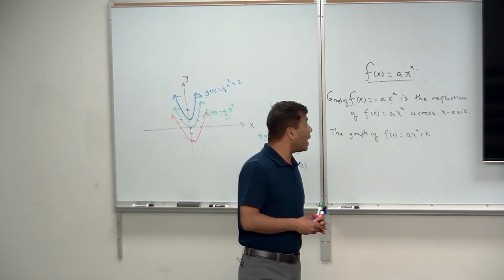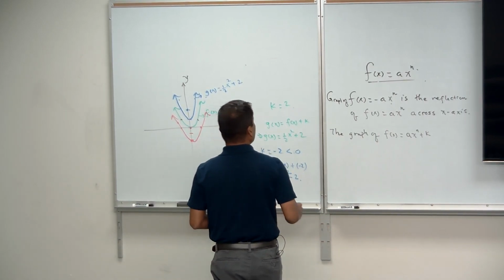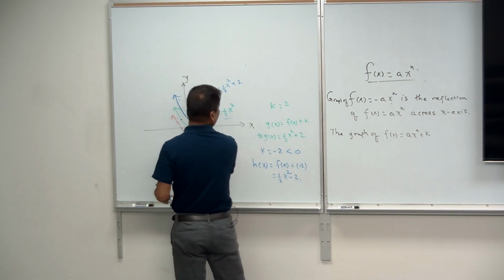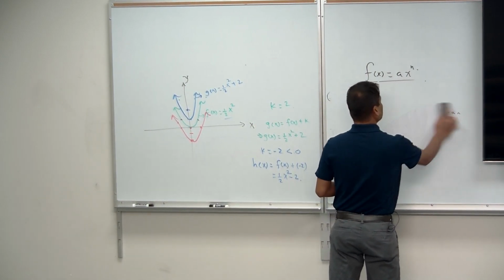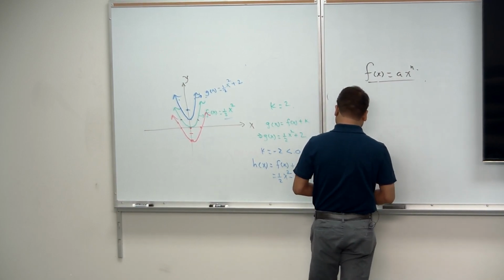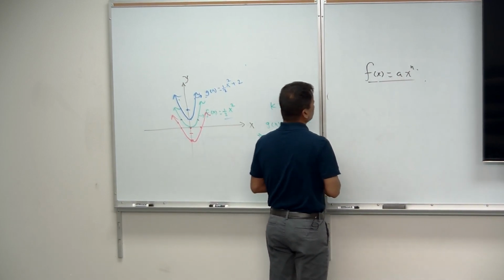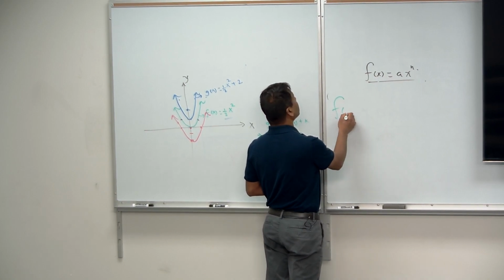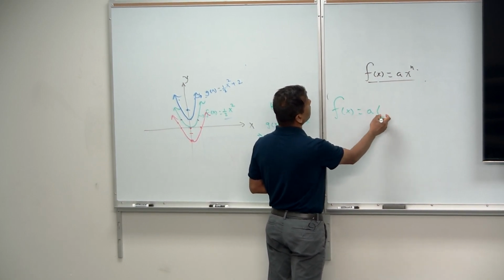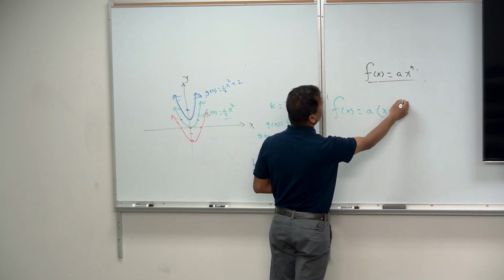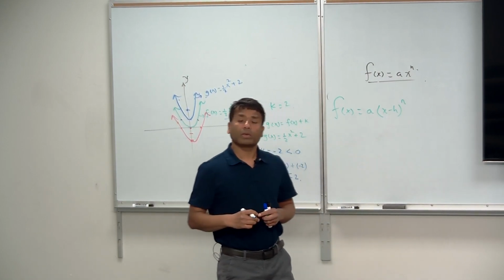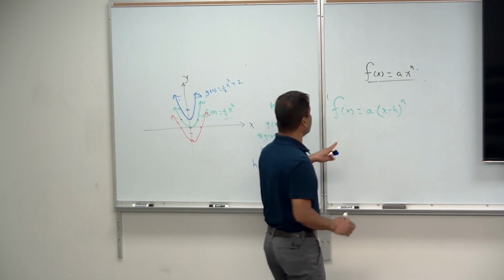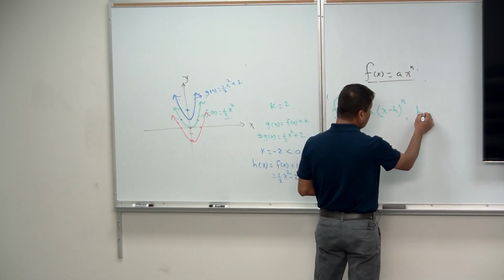Now, if you want to compare the graph of, let me write down here, f(x) equals a(x minus h) to the power n. This is translated if h is positive.